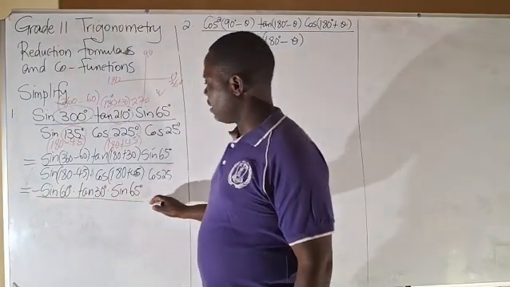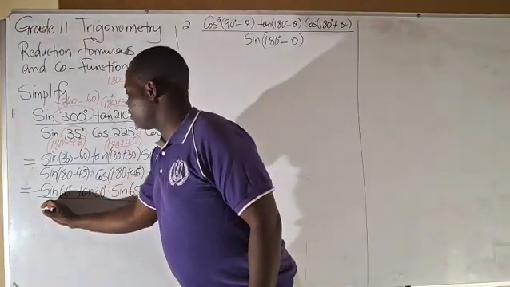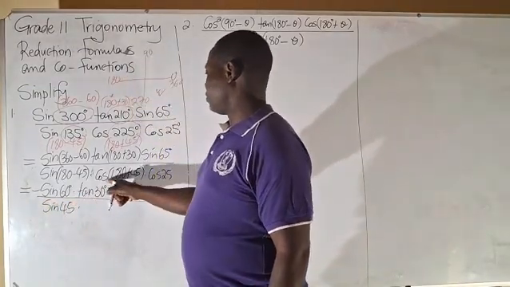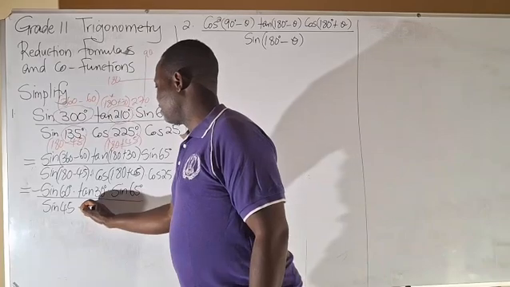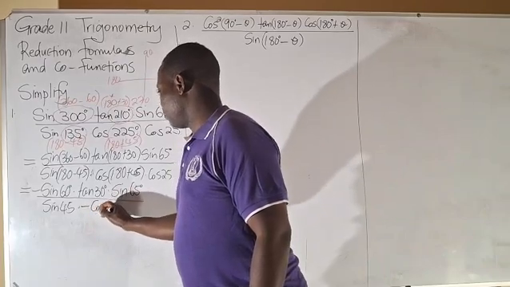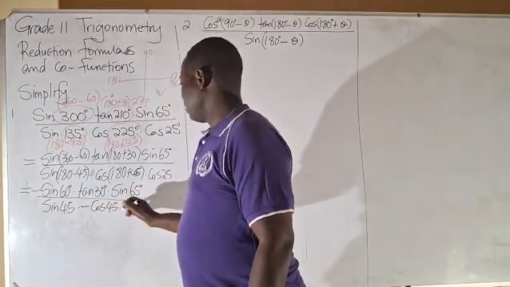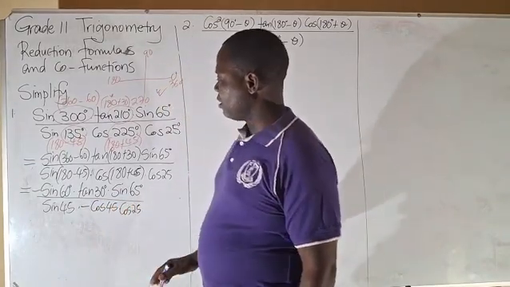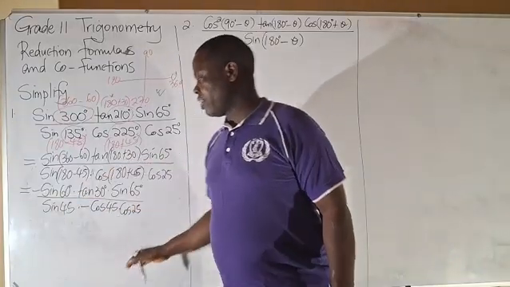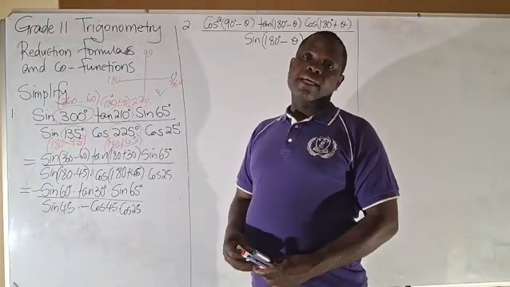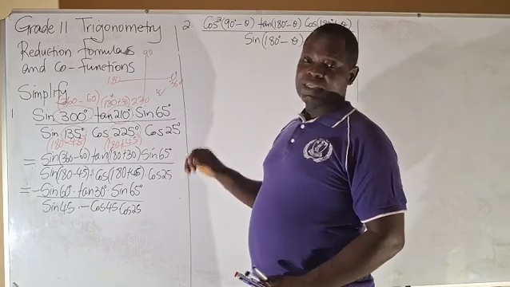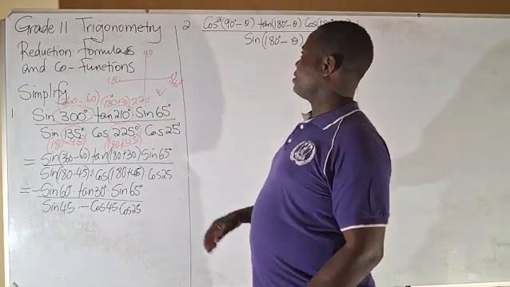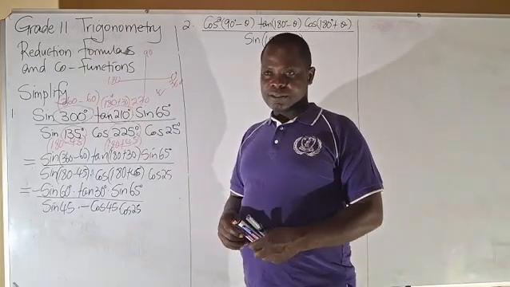Then at the bottom, the sine of 45 degrees, divide, then cos of 180 plus 45 is the negative cos of 45 degrees, multiplied by cos 25 degrees. Now I have got acute angles only in this expression. That is the most important thing. I must make sure that all my angles are acute angles.